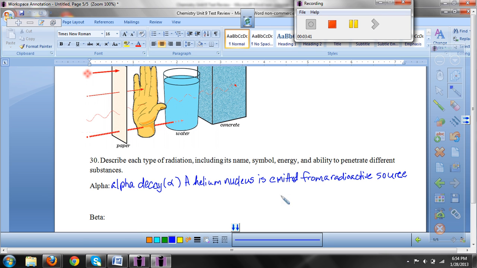All right. The helium nuclei, which looks like this, contains 2 protons and 2 neutrons. So that means the charge is 2 plus, and that comes from the 2 protons. It's not high energy. It can be stopped by a sheet of notebook paper.